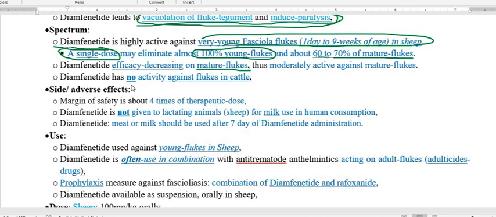So diamphenethide is showing no activity against the flukes in cattle. That means that it is specifically for sheep. So this is very, very important, that diamphenethide is specifically for the fluke found in sheep.